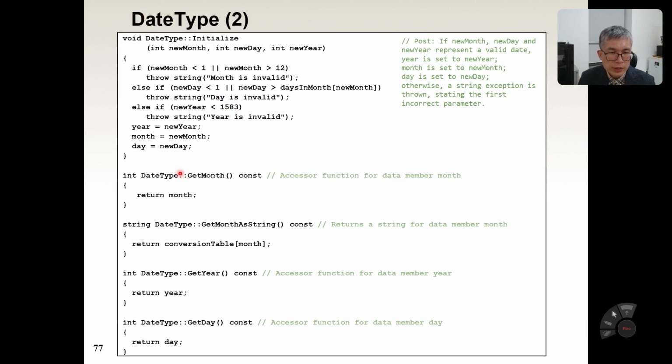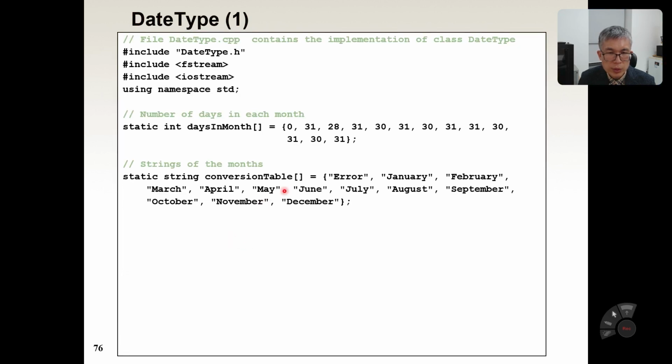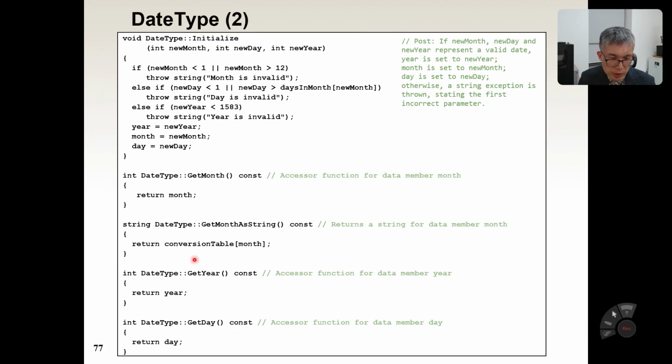And then the functions: get month returns the member variable month. Get month as string uses the conversion table, right? So the month value, and then we use the conversion table, January, this is something, right? It returns a string type, okay?